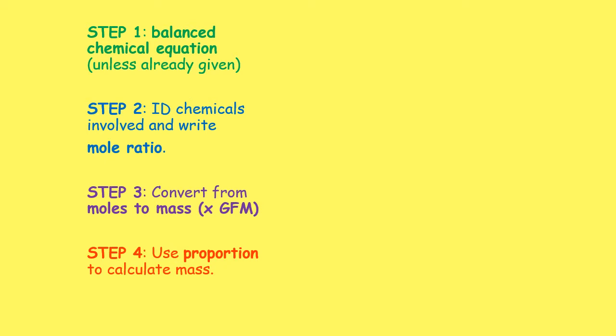Our 4 steps, the first one is to balance the chemical equation, and often this has already been done for you. So 2 Mg plus O2 goes to 2 MgO. That's already balanced. The next step is to identify the chemicals that the question is asking us about and to write out the mole ratio. So we are looking at magnesium and magnesium oxide.